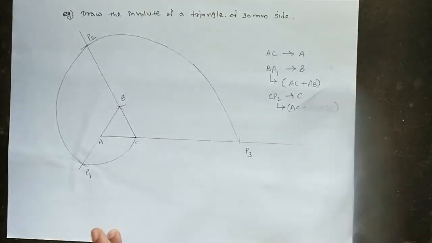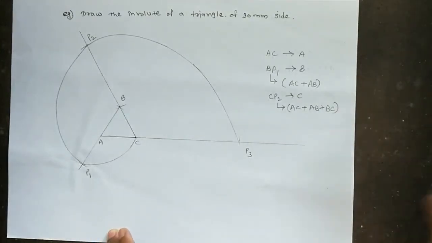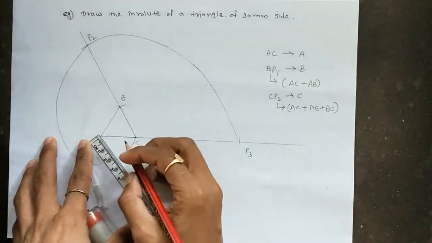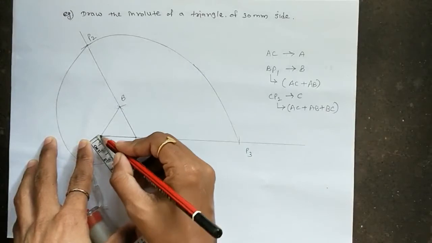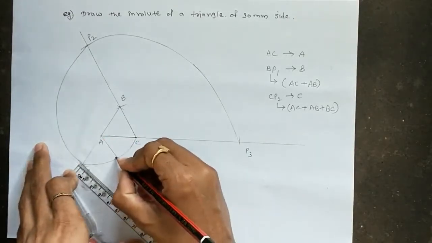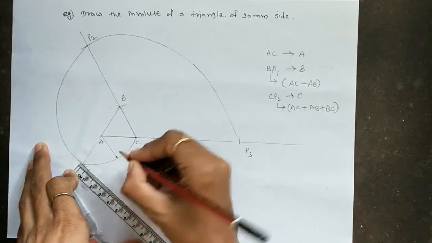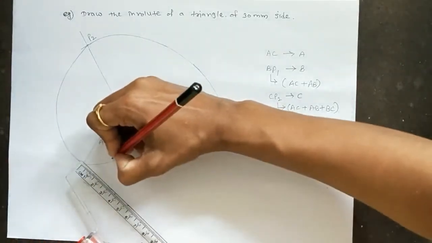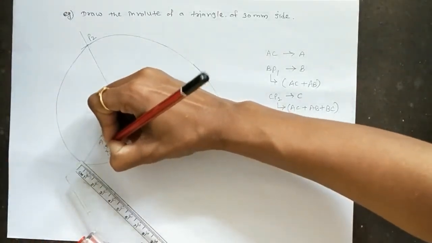Now give this distance as radius AC. So R is equal to AC.